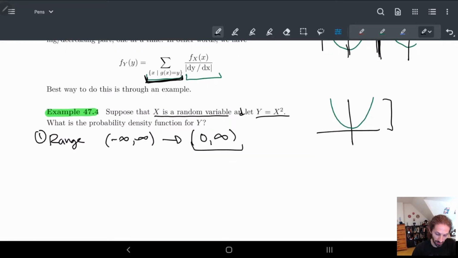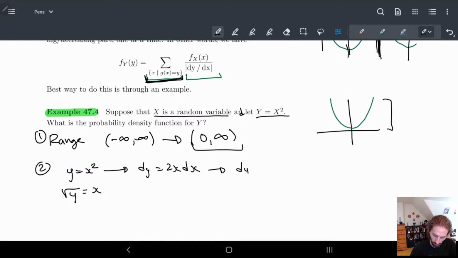And so next, let's calculate the derivative, which is what we've been doing, right? So if I calculate the derivative, y is equal to x squared, I get dy is equal to 2x dx. If I take the square root, I get x, so I really have dy over dx is equal to 2 times the square root of y.